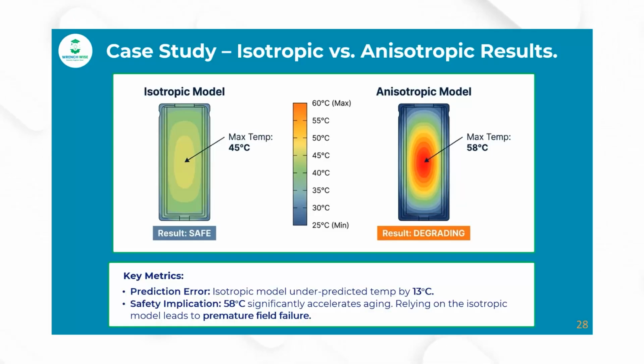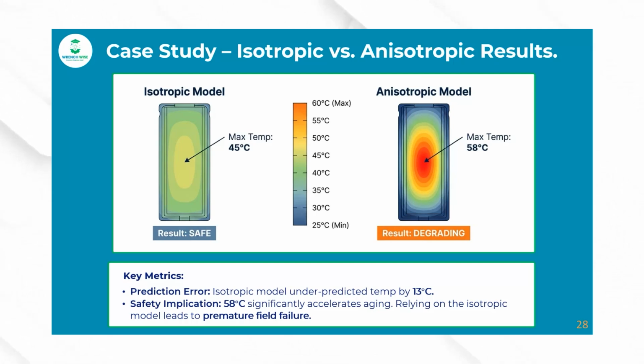Okay, so now let's talk about this case study itself. To bring everything we've discussed into focus, we'll take a look at this cell. This is a 21700 cell during a high power 5C discharge event. Essentially, this comparison is going to highlight the real world danger, or scalar trap, that we saw in the beginning.